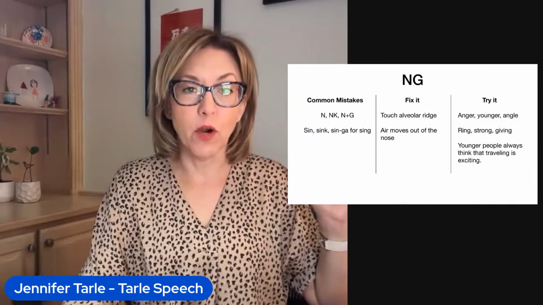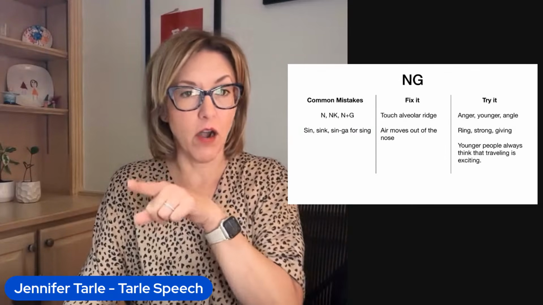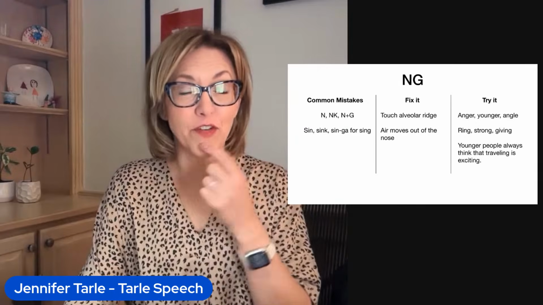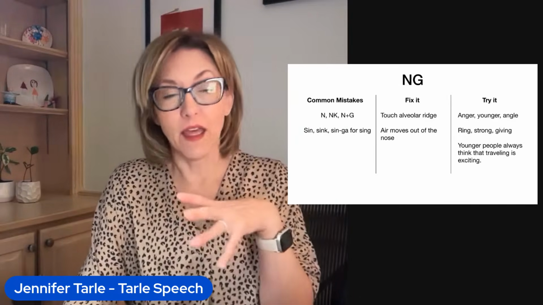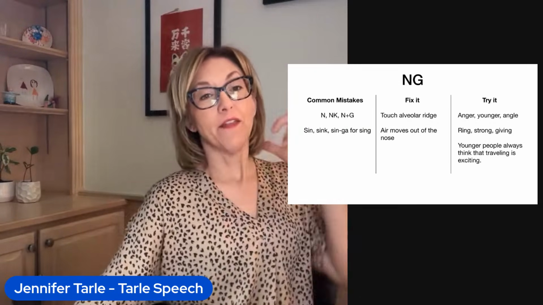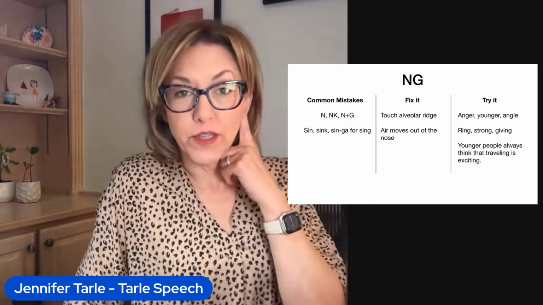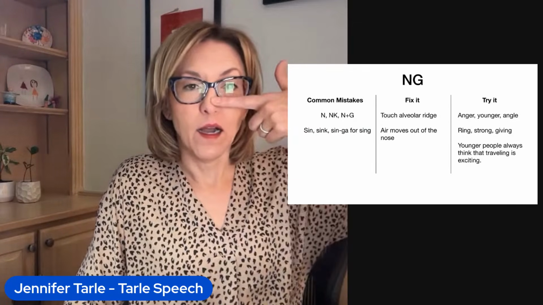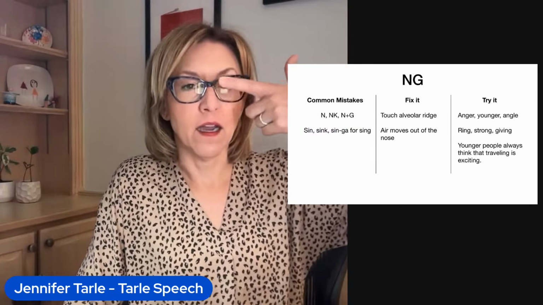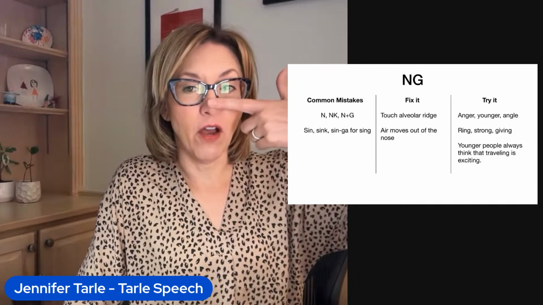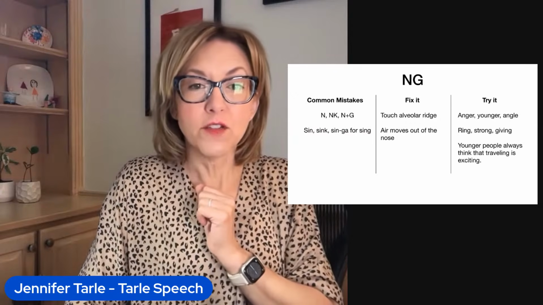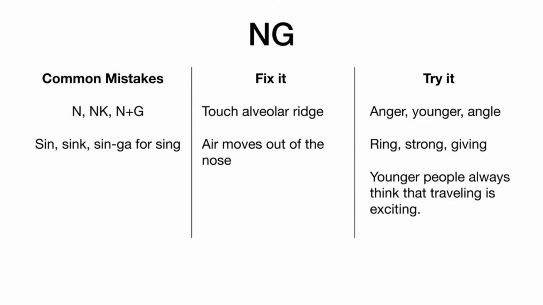I see I have an error on my slides. We are not touching the alveolar ridge. The tip of your tongue is low in your mouth, and the back of the tongue is pulled high up. So you have mm, and the air is moving out of your nose. All right, so let's try some words.